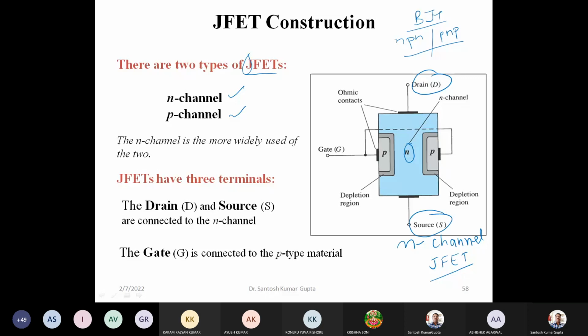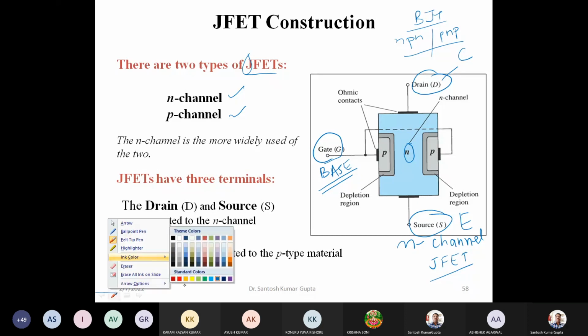The drain and source are similar to the collector and emitter of the BJT, and the gate here is similar to the base of the BJT. So the function is almost similar, but the construction is quite different. What difference can one notice?